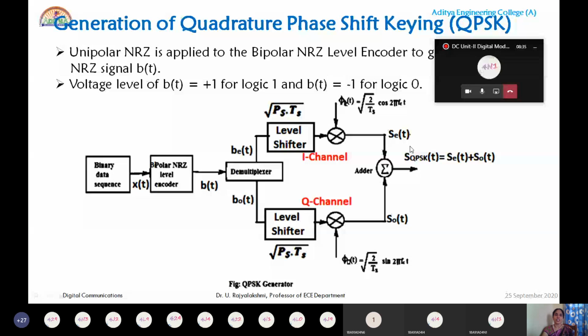And what is S naught of t? It is b naught of t into root PsTs into phi naught of t, where phi naught of t is the quadrature carrier. Because you represented sine here, it is a quadrature carrier, and b naught of t is the odd sequence. The sum of these two components gives you the QPSK signal.